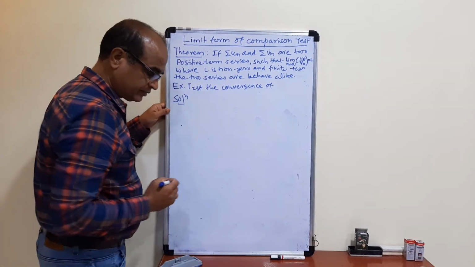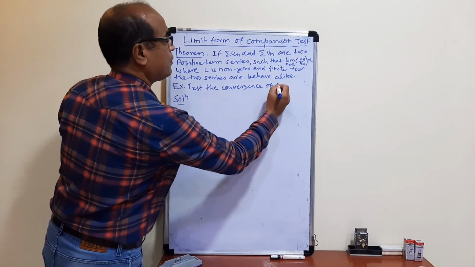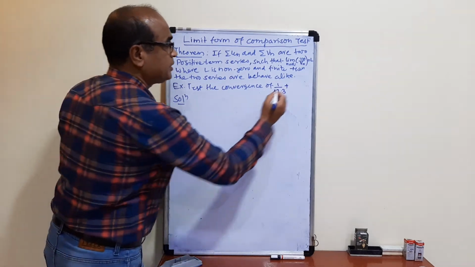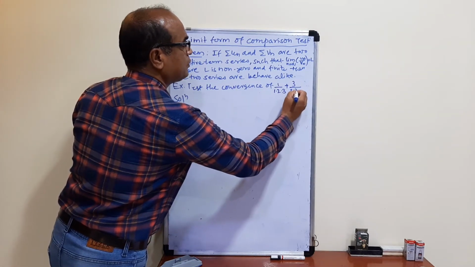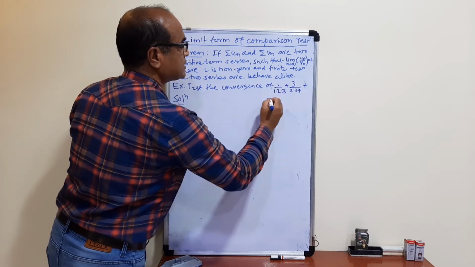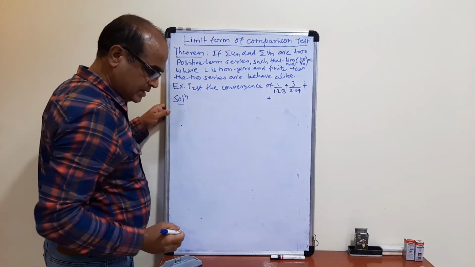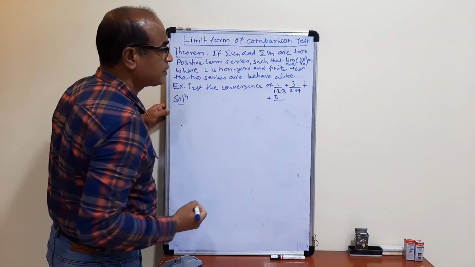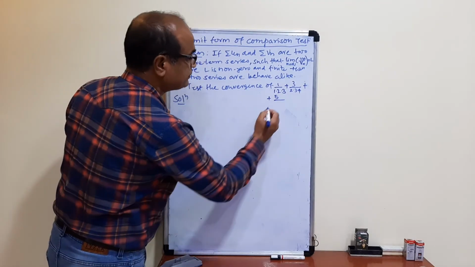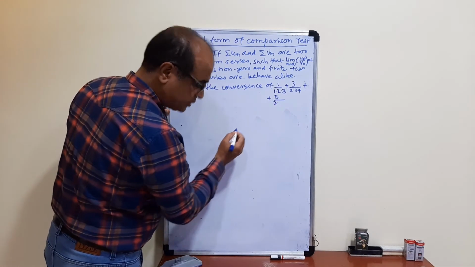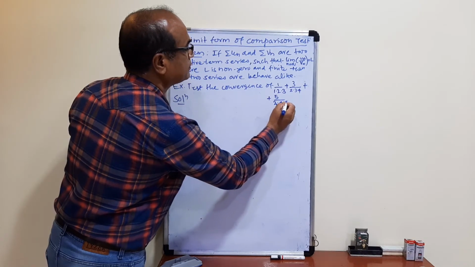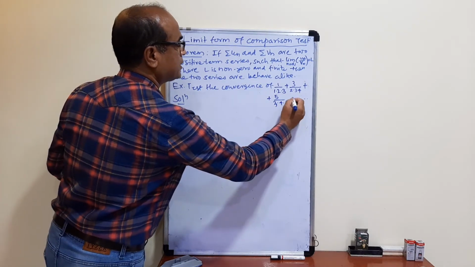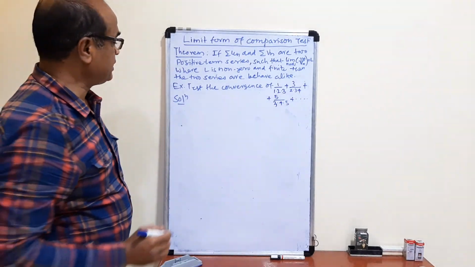Test the convergence of 1 upon 1 into 2 into 3 plus 3 upon 2 into 3 into 4 plus 5 upon 3 into 4 into 5 and so on.